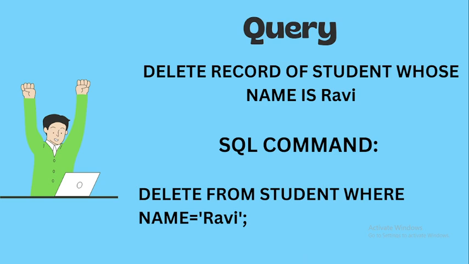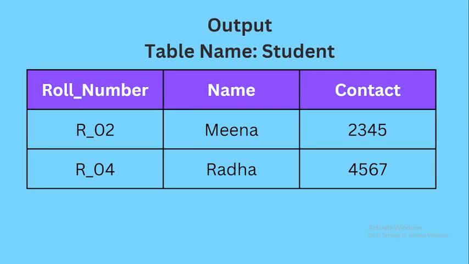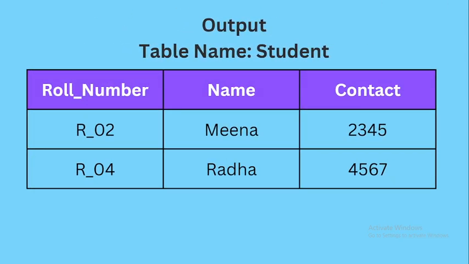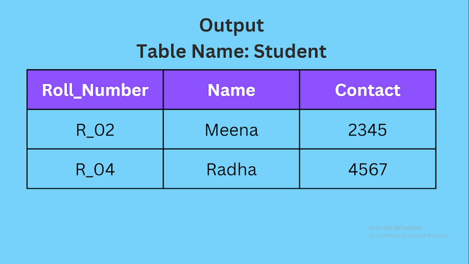Once we execute this command, in our output table we will not get any records where the name of the student is Ravi. So let's see how our output table will look after execution of the SQL command. Now see, in this table we don't have the records for Ravi because they have been deleted. So our code is properly executed.